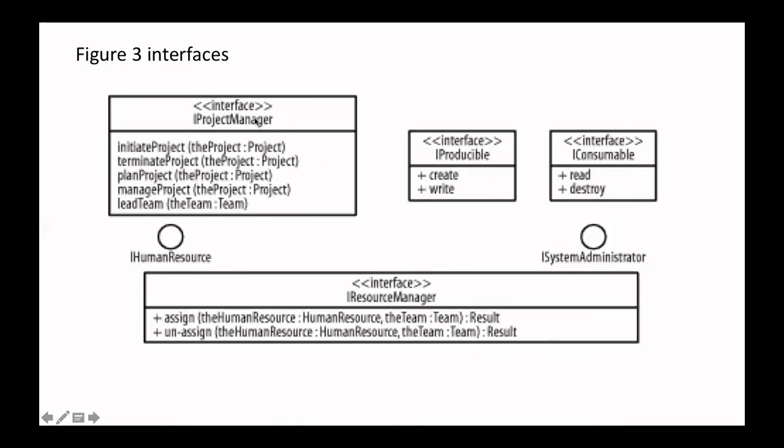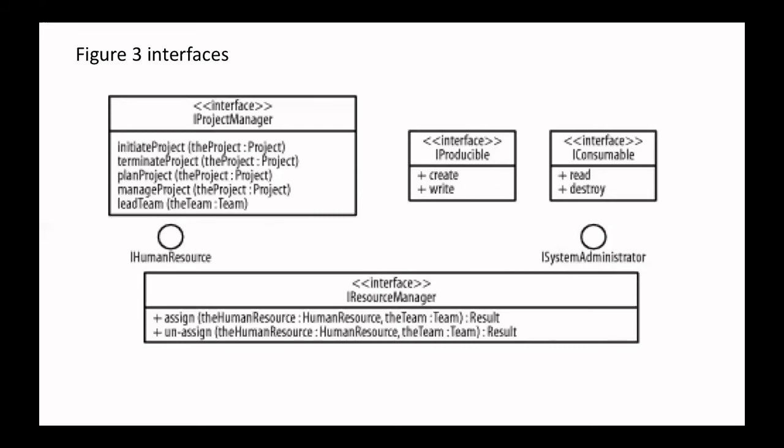These are the interfaces. So what are the operations done within the process of development? These are the different types of interfaces. An interface gives a particular collection of operations within a particular class.